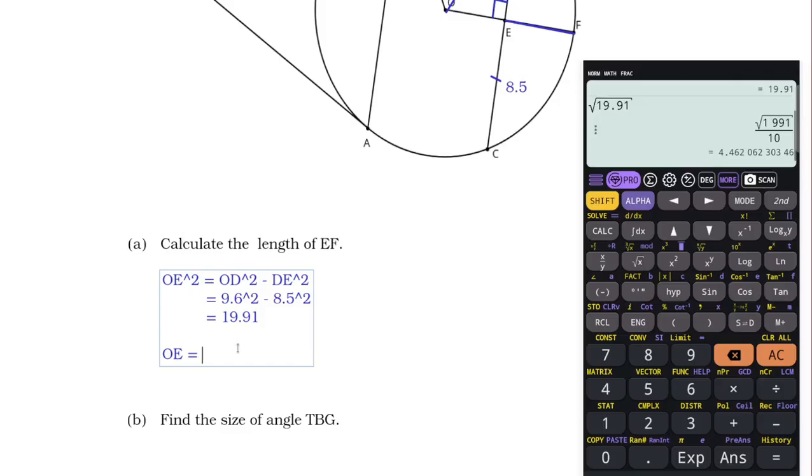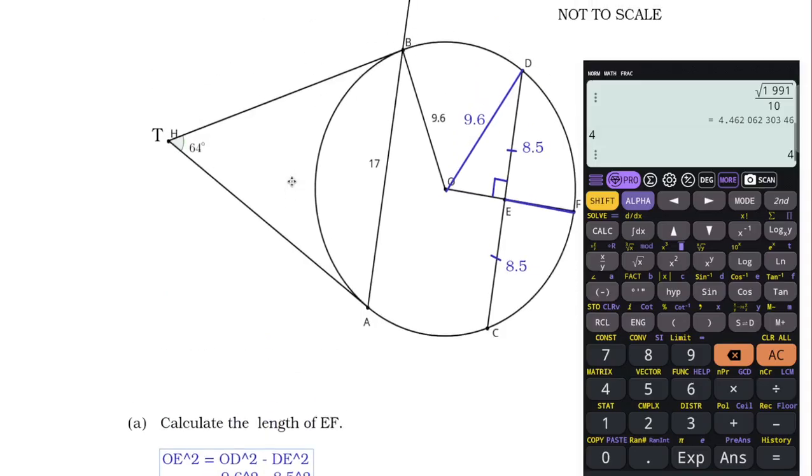The answer is 4.46. So the answer there is 4.46, rounded off to 3 significant figures.